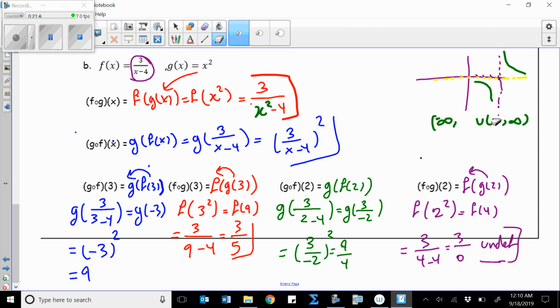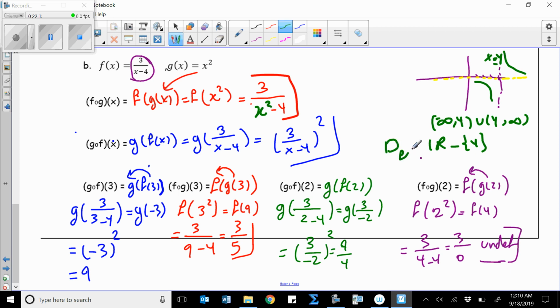It's not 0 because we have moved it 4 to the right, so it's negative infinity to 4 and 4 to infinity. This point is x equal to 4 because it has been moved 4 to the right. So it's all real numbers except 4. This is the domain of f.